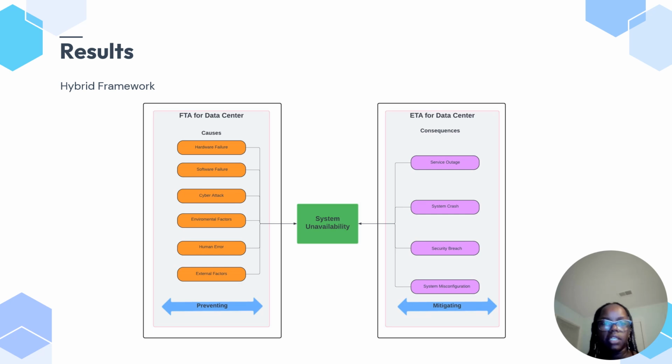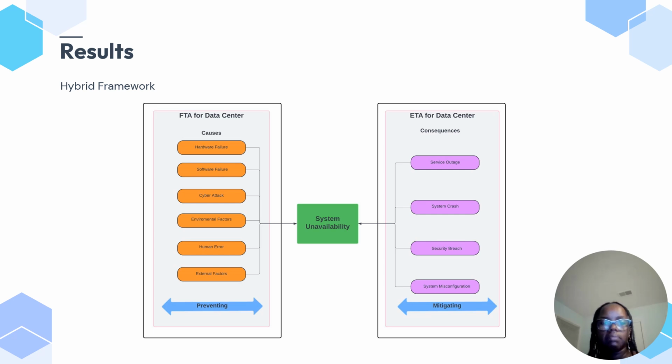The items needed to be prevented that cause the system unavailability are the hardware failure, the software failure, cyber attack, environmental factors, human factors, and external factors. While the items that needed to be mitigated are the service outage, the system crash, security breach, and system misconfiguration.